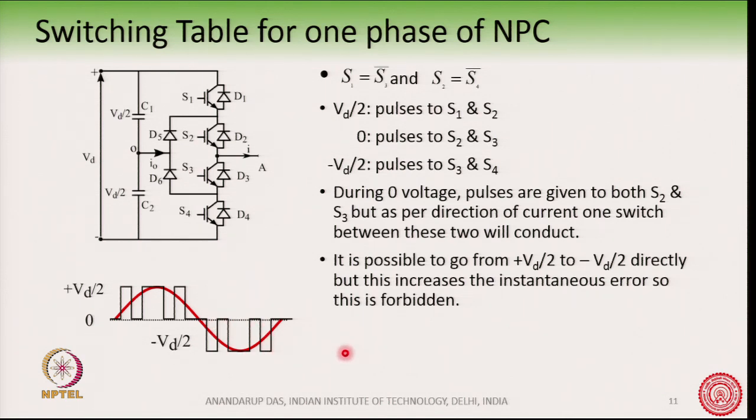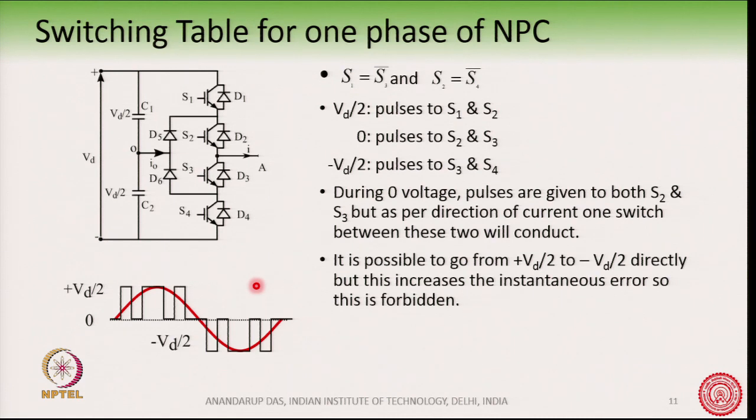But you can also go from plus Vd by 2 to minus Vd by 2 directly, like from here to this state here. So, you are turning on S1 and S2 and immediately you flip it to S3 and S4. However, this operation is primarily avoided. We always go from plus Vd by 2 to minus Vd by 2 through a 0 level.